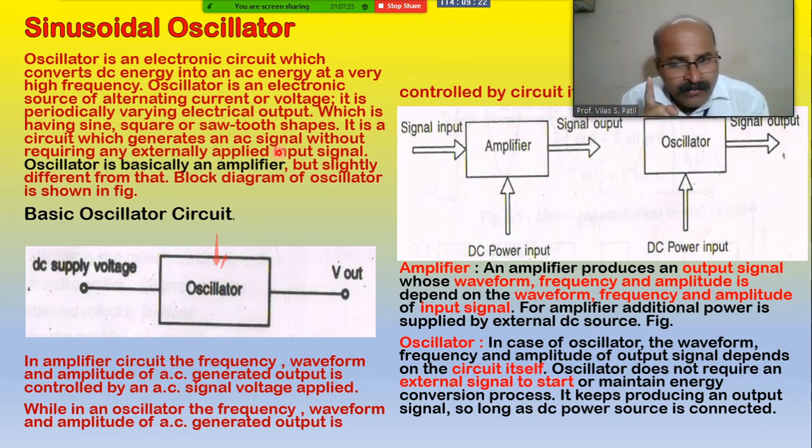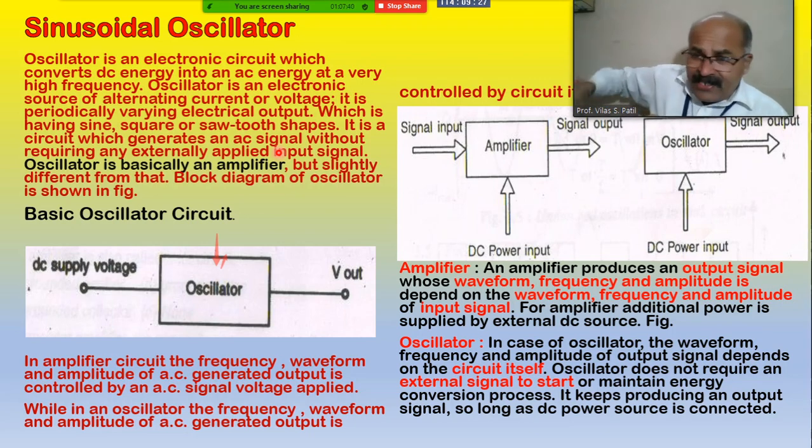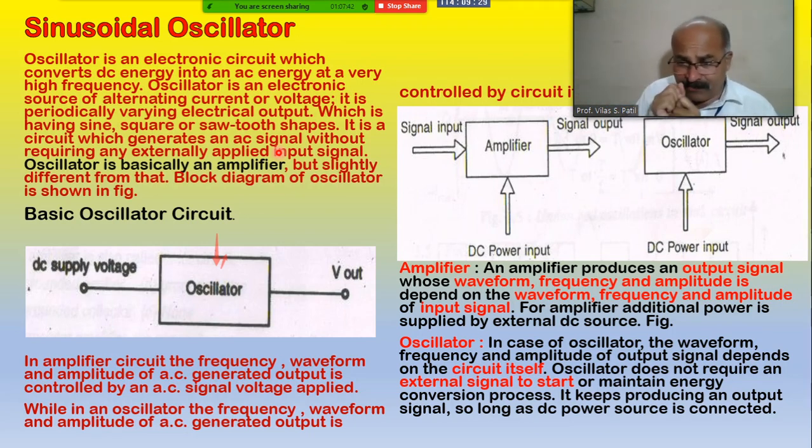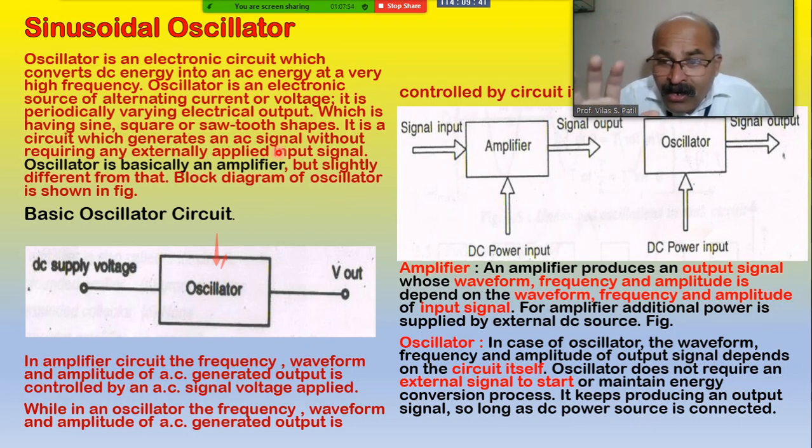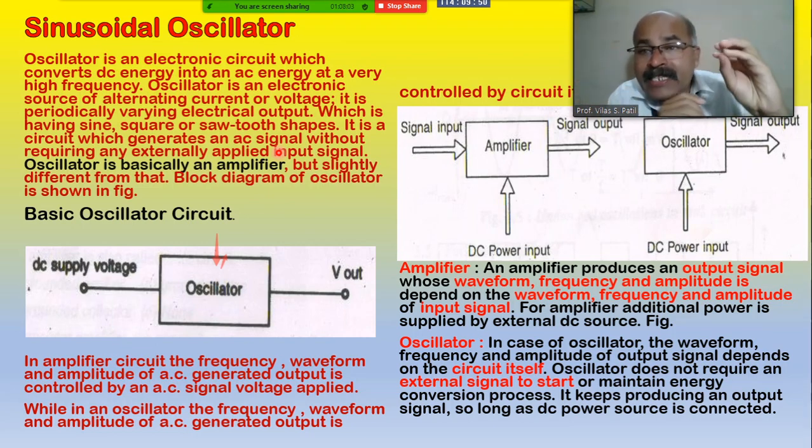Means that the output of the oscillator is the AC signal, varying in nature, but that output does not require any external AC signal. Means the oscillator can give the oscillatory signal at the output, but without any AC signal at the input.